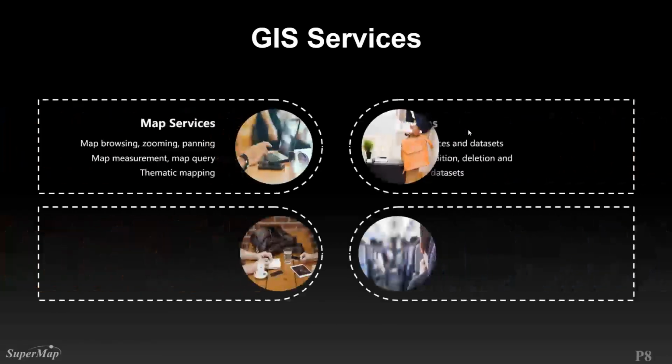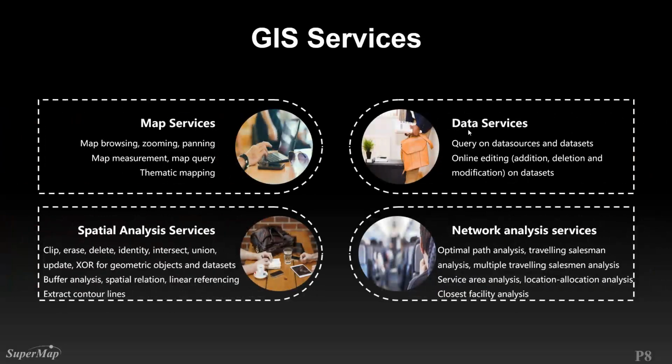First, SuperMap iServer is a cross-platform enterprise-level GIS application server that provides a complete set of GIS services to meet different needs of users. For example, if the current user wants to perform a basic browsing operation of the map, we can publish a map service by iServer.